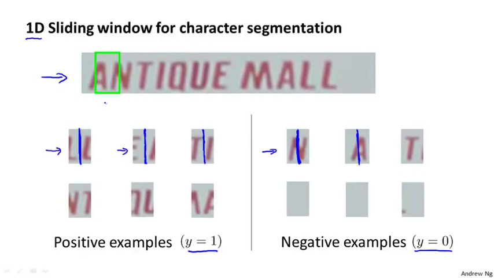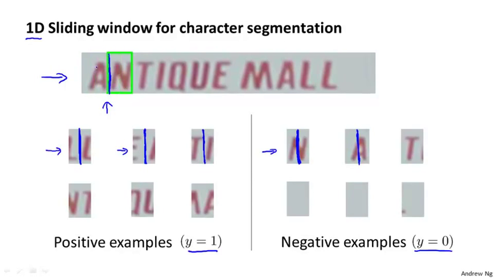But now with the classifier in this position, we ask, well, should we split those two characters, or should we put a split right down the middle of this rectangle? And hopefully the classifier will output y equals 1, in which case we will decide to draw a line down there to try to split two characters.